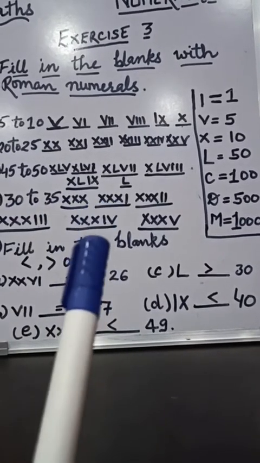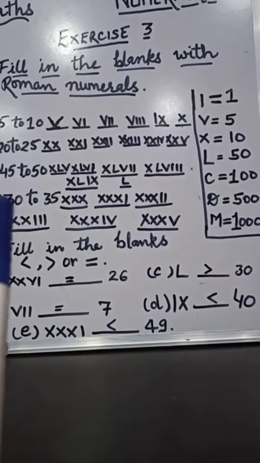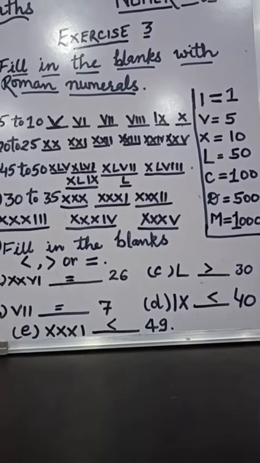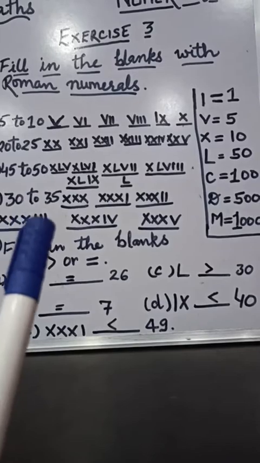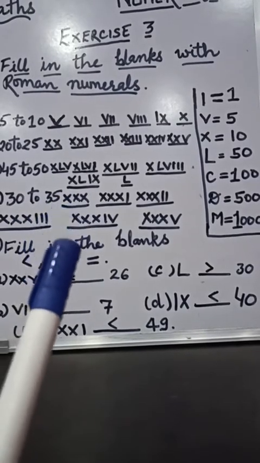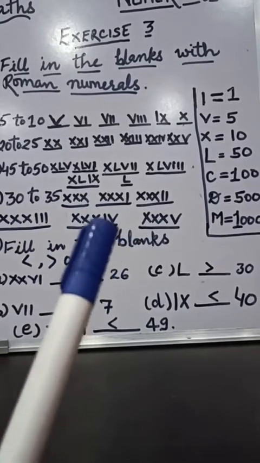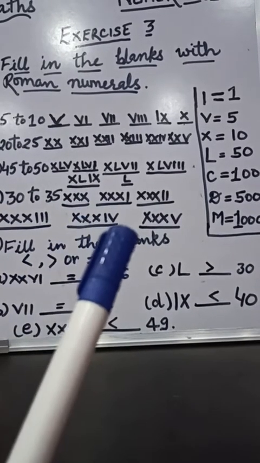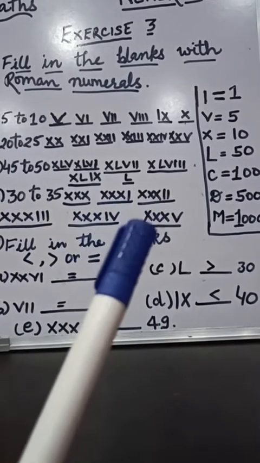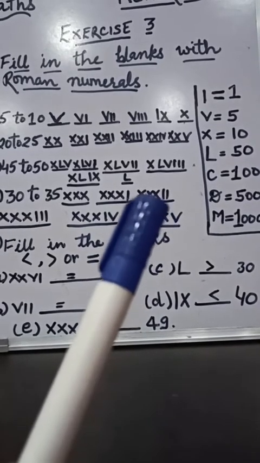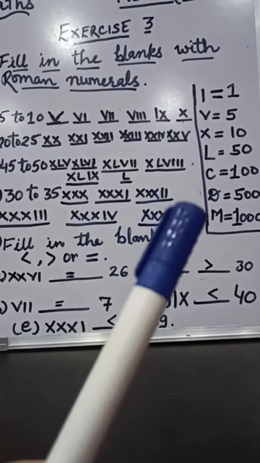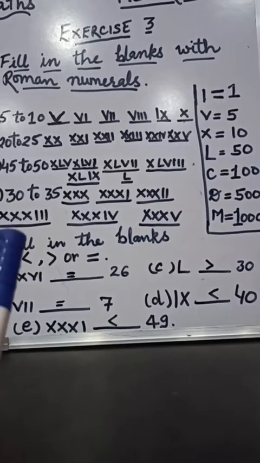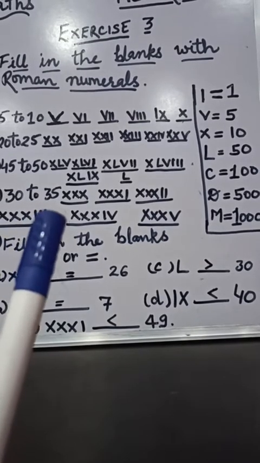Now D, 30 to 35. So 30 is very easy. In previous questions, many times 30 was given. So XXX, that is 10, 10 and 10. 3 times 10 means 30. XXX. Now 31, XXXI. 32, XXXII. 33, XXXIII.